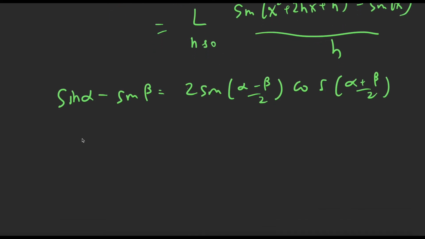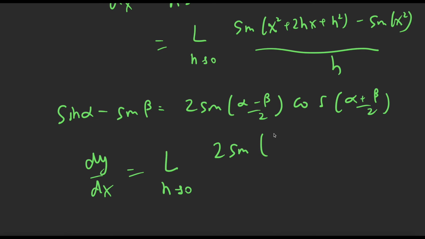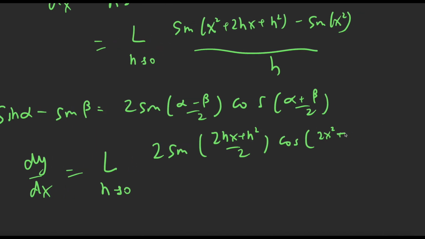So that gives dy by dx as limit as h tends to 0 of sine of 2hx plus h square by 2, and so on.